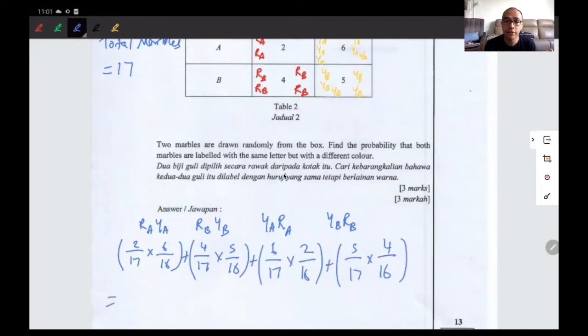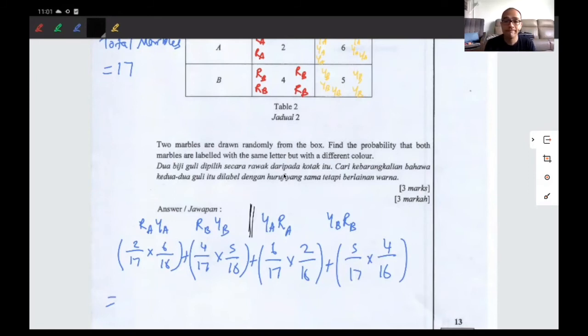Okay, for the life of me, I can't remember what this answer is. But this is the working. So a common mistake for a lot of students will be they will just stop here. They will just figure that the reds come first and then the yellows come later. No, we have to consider the fact that sometimes the yellow comes first and then only the red.